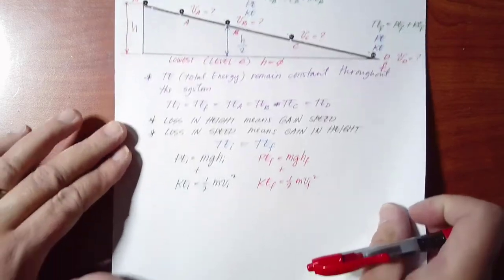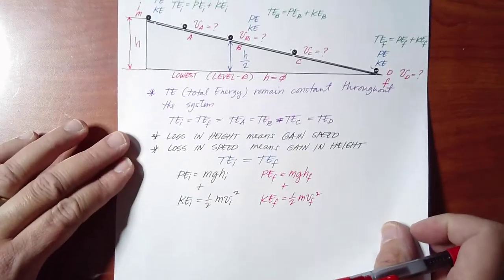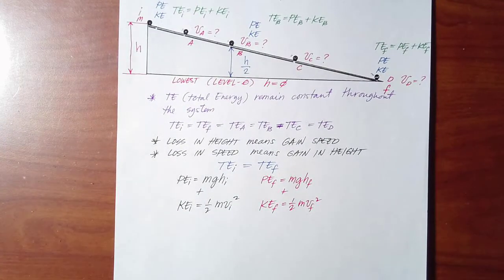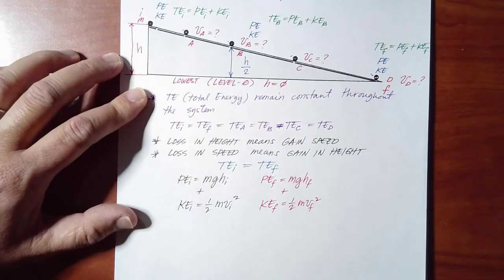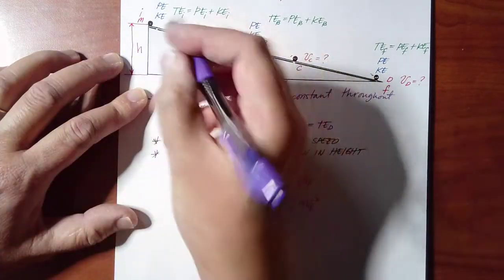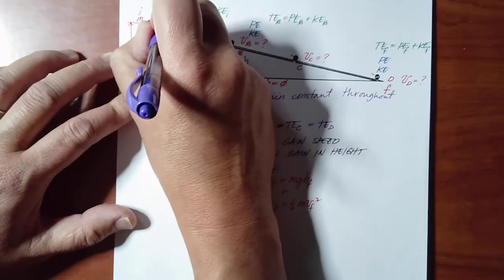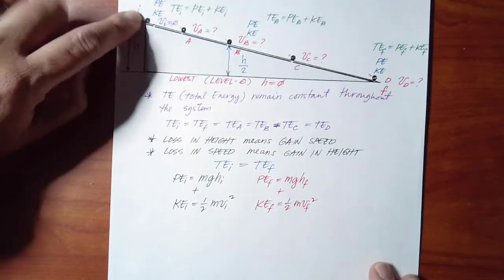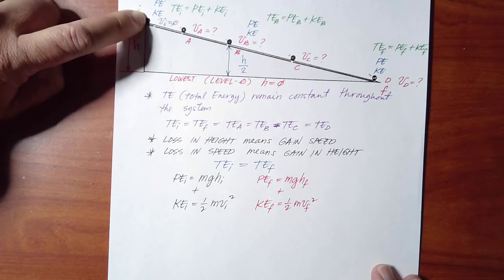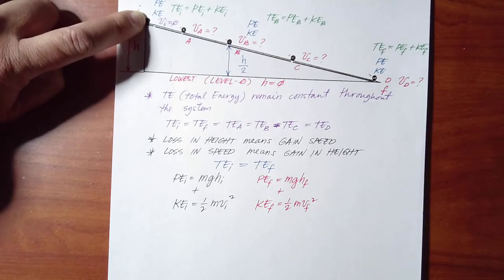Now, further, let us put some values. Let's make the assumption that at this point, the initial velocity is set to be at 0. So I am placing this marble or a round object on top of the ramp, and I will let it slide.